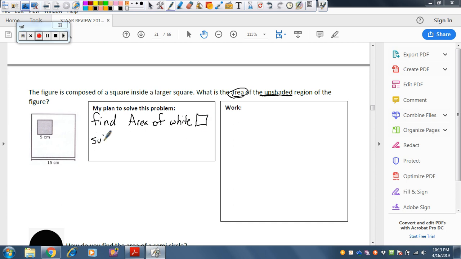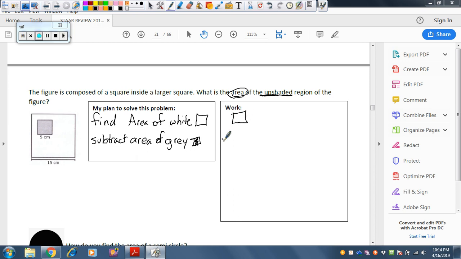And then I would subtract the area of the gray square. That is not the only way you have to do it. You can split it up all kinds of weird ways. But that's probably the fastest and easiest, and truthfully, that's what they are wanting you to do. So if you do it the way they want you to do it, you're more than likely going to come out with the answer they want you to come out with.